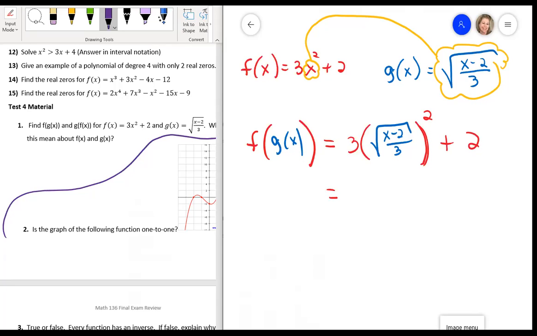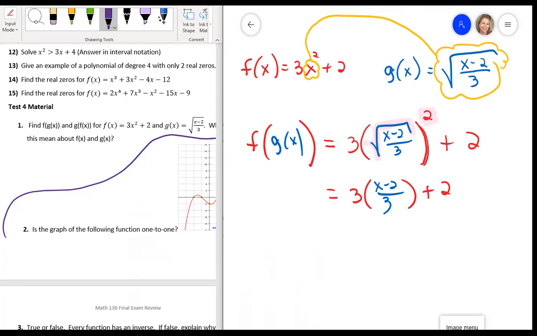Because you have this squared right here, this squared is going to literally cancel out the square root sign. So you're still going to have the 3 and the (x minus 2) over 3 inside the parentheses, but the square root sign is gone.